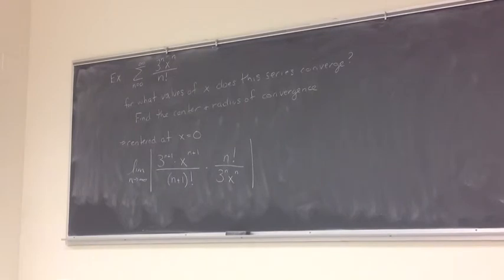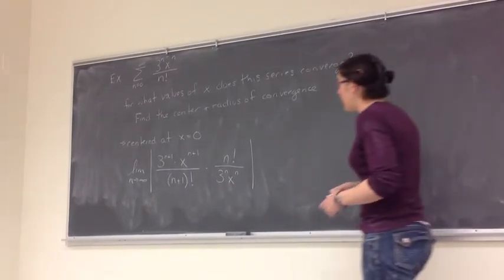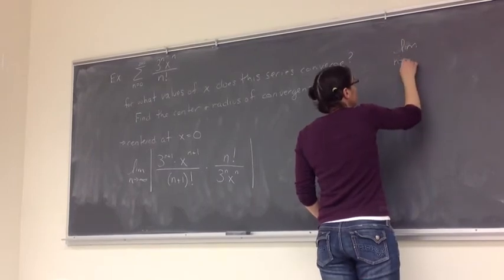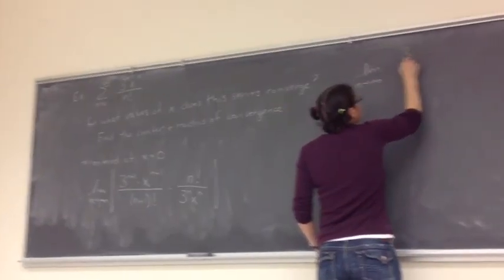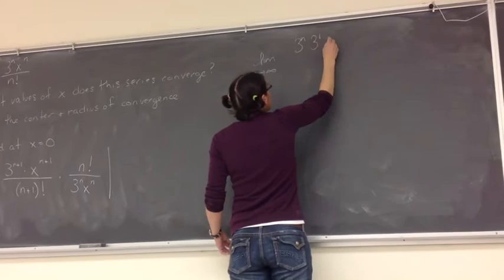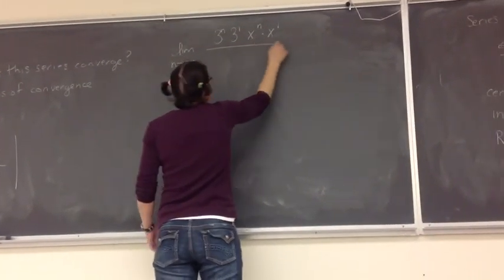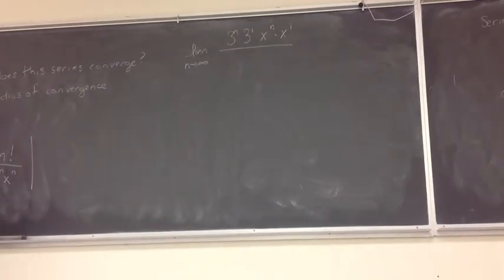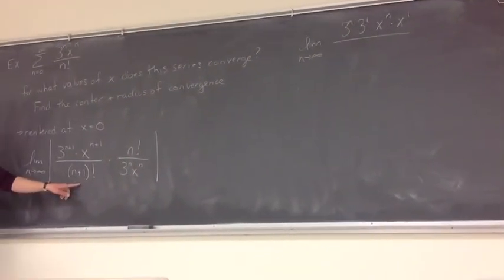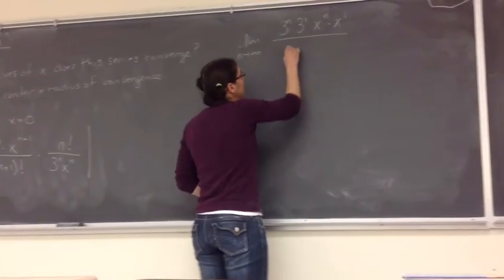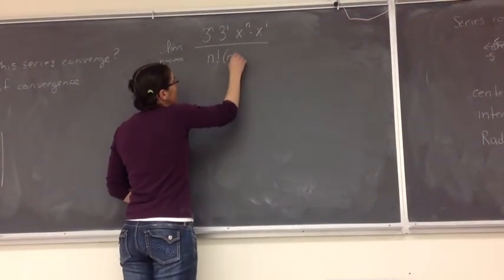Okay, so I've written this out now. Now I need to do some simplifying, so I can rewrite a couple of the terms. 3 to the n plus 1 is 3 to the n times 3 to the first. x to the n plus 1 is x to the n times x to the first. And this n plus 1 factorial, remember that we can rewrite that as n factorial times n plus 1.